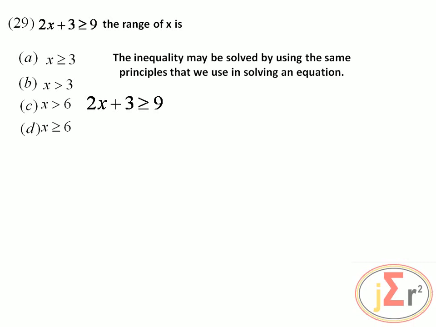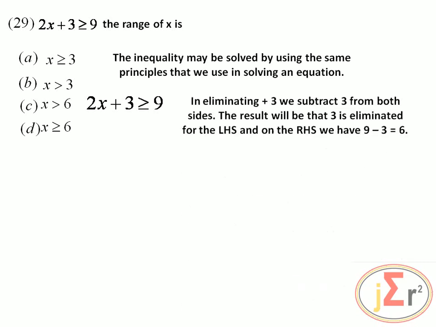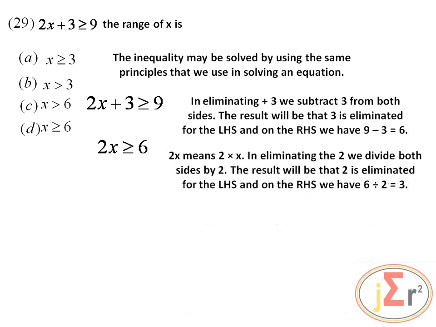2x + 3 is greater than 9. In eliminating positive 3, we subtract 3 from both sides. The result will be that 3 is eliminated from the left hand side, and on the right hand side we have 9 minus 3 is equal to 6. 6 on the right hand side, and on the left hand side we have eliminated positive 3, so we have 2x alone. 2x means 2 multiplied by x.